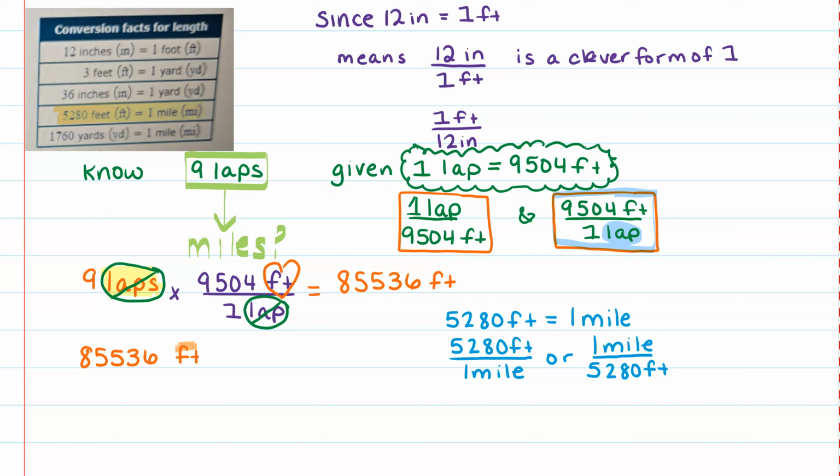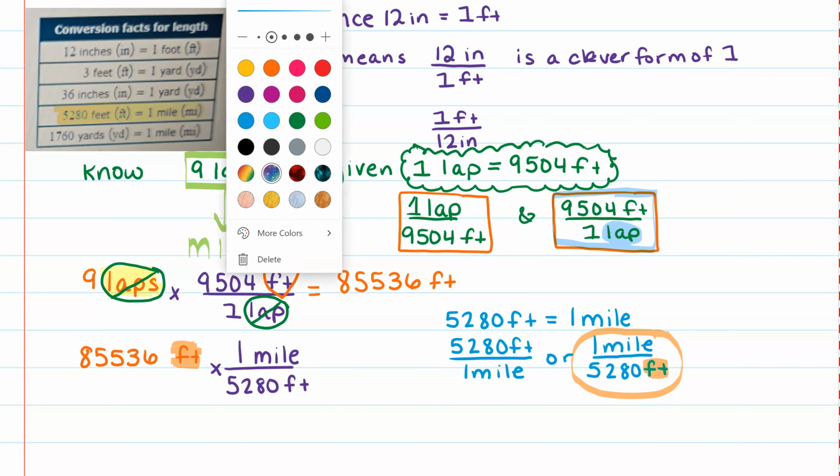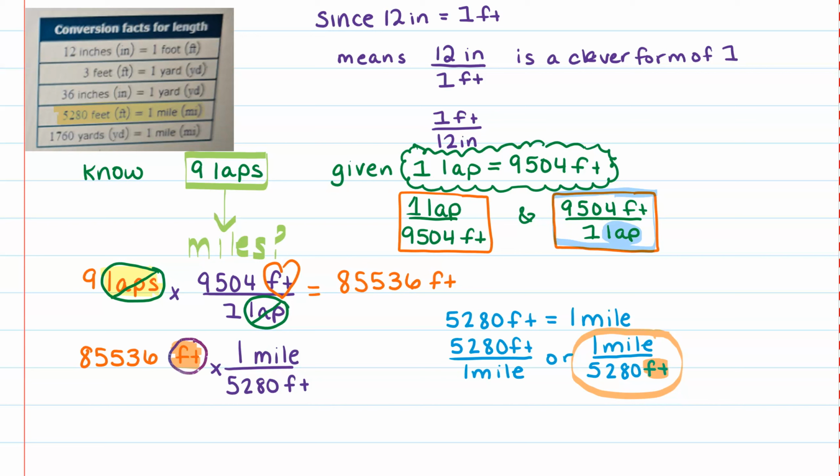Well, we have feet as our top number, so we need to kill that unit by having it on bottom. So I'm going to use this fact here, and I'm going to times this by 1 mile over 5,280 feet. And what happens conversion-wise is that feet on top cancels with feet on bottom.